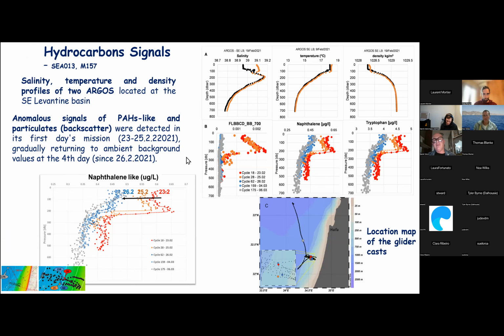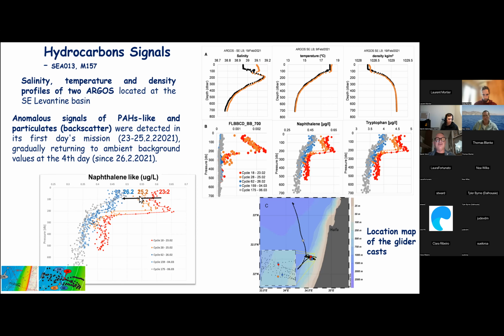Here you can see some of the results that we got. We detected an anomaly, for example, in the naphthalene-like PAH sensor. And you can see it in the lower left figure. There were anomalous values higher than background on the 23rd of February.